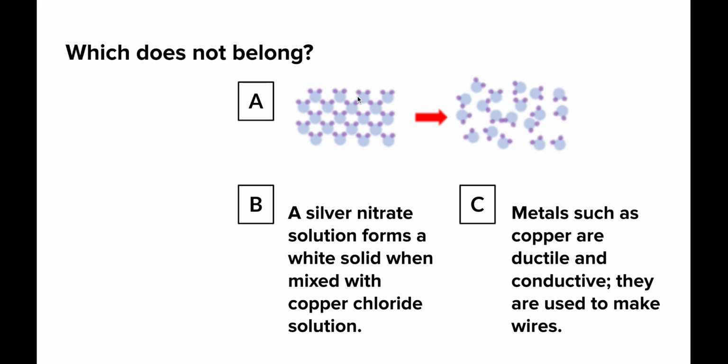And so that would be a physical change. C is a physical property. So metals such as copper are ductile and conductive. That's a physical property. This is a physical property, ability of this to change. This is a chemical property, so B does not belong.